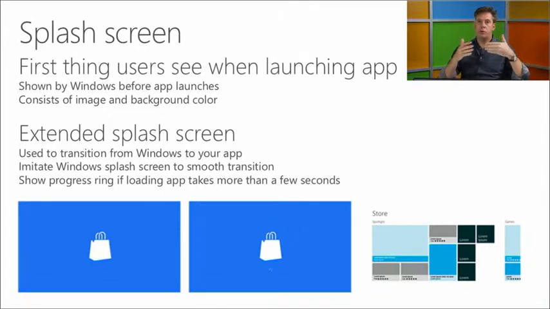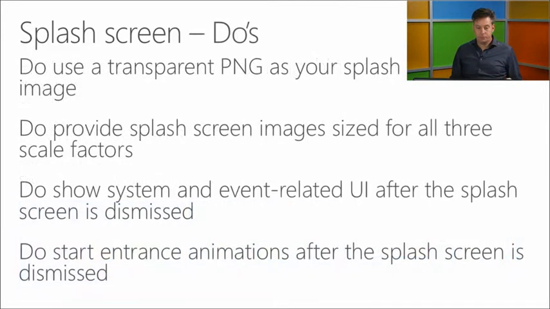But if you want to have some extra work being done, loading information, for instance, you can provide an extended splash screen. It's a very good way to mimic the start screen and then add some extra components. So it really starts getting alive and showing the user we're still doing something, and now we can go to the app. For instance, show a progress ring if it takes longer.